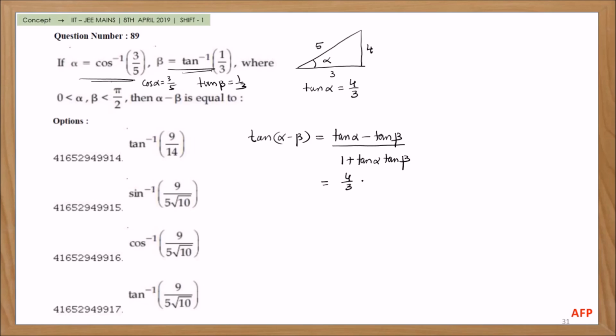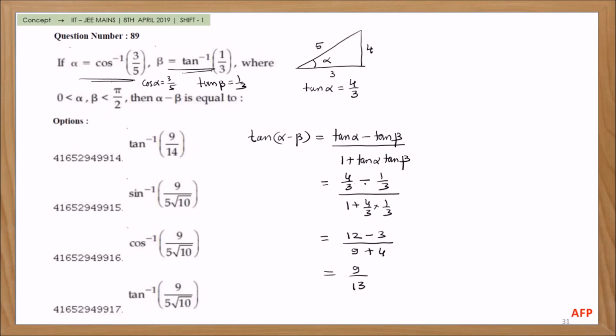4 by 3 minus 1 by 3 over 1 plus 4 by 3 into 1 by 3. If you go for cross multiplication, 12 minus 3 divided by 9 plus 4, so 9 divided by 13 you got.